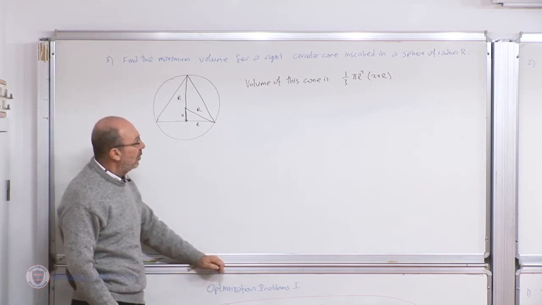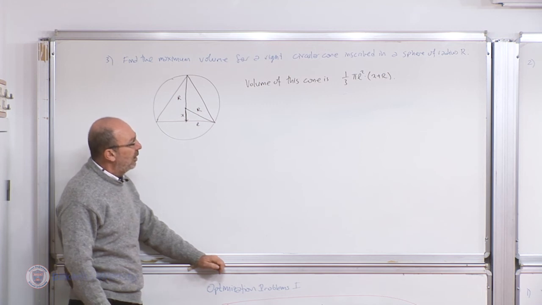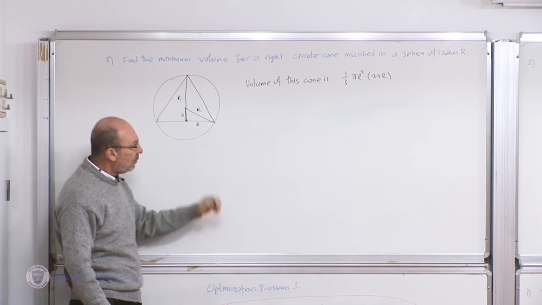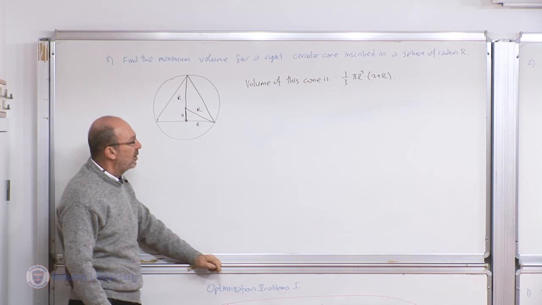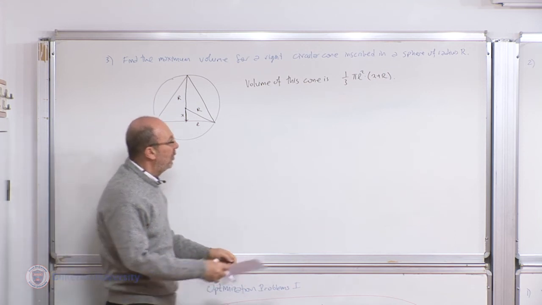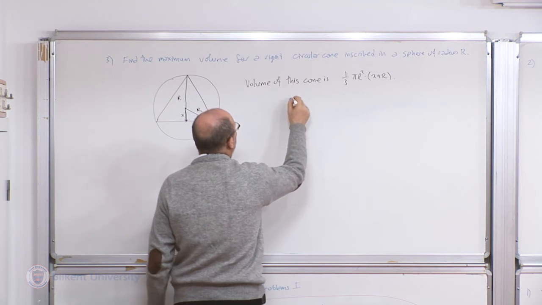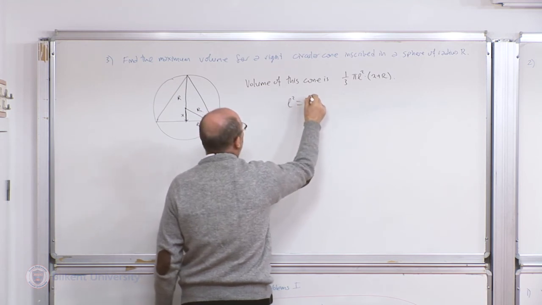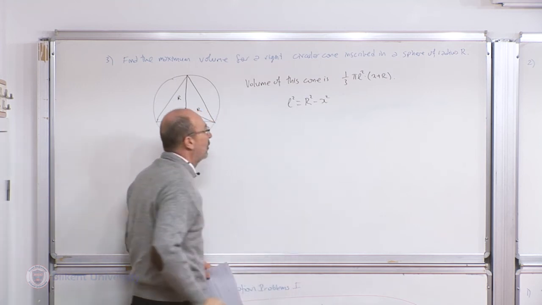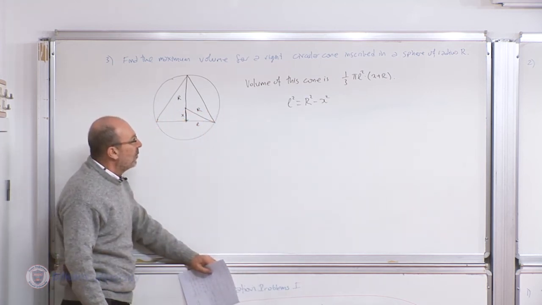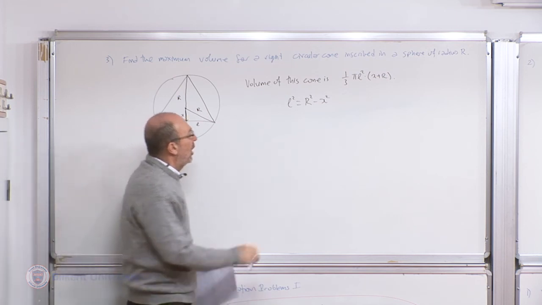Now I have the two parameters here, x and L, but obviously they are related. I have to choose one of them. I choose x as my parameter, so L square will be easy. L square is equal to r square minus x square. That makes life easier. I put it in here.